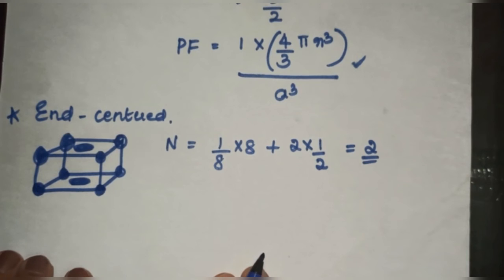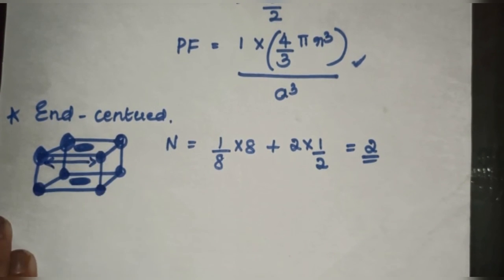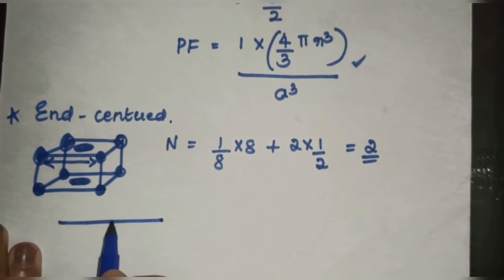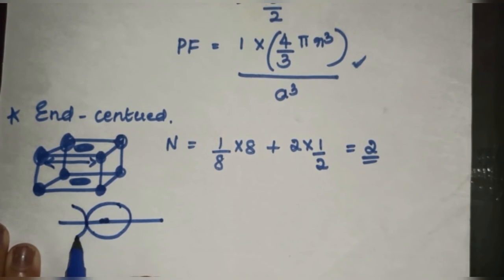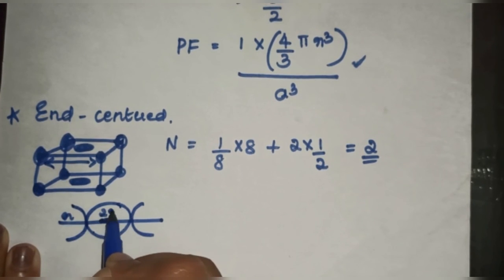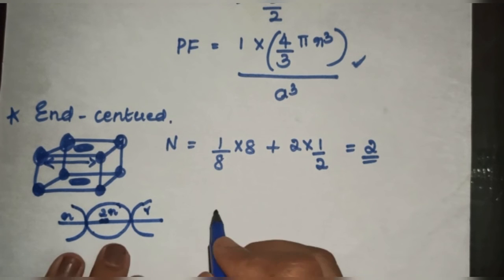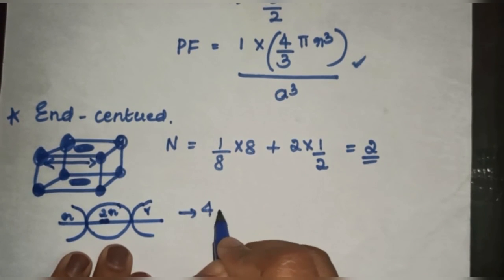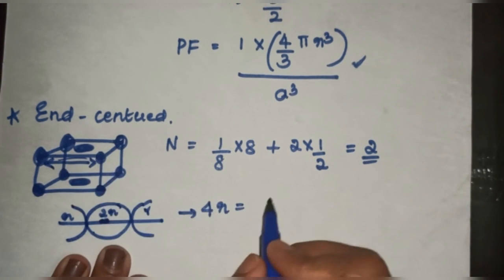Next, let's take this. Here we can get R, 2R, R. So here it will be 4R, which is equal to a, one side.